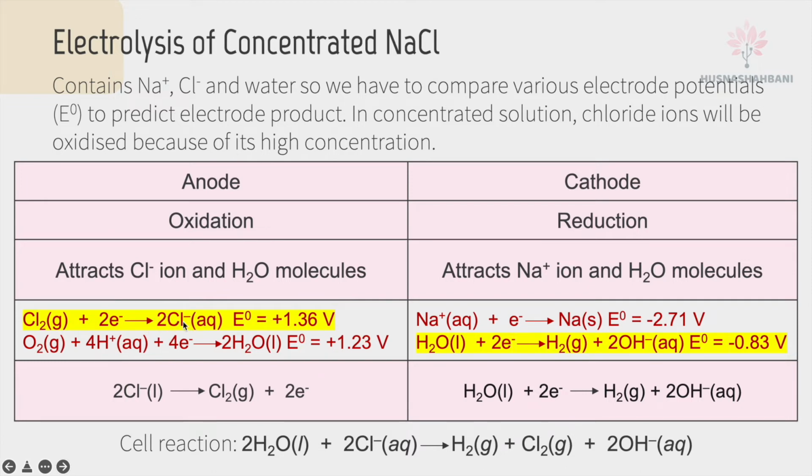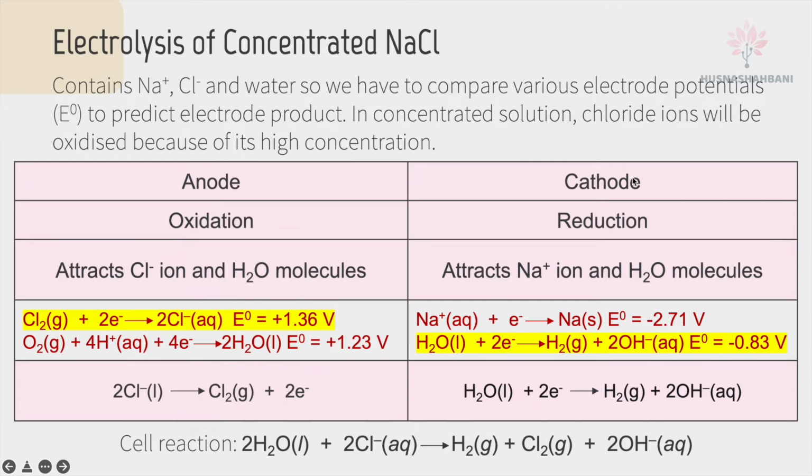So Cl minus will be attracted to the anode compared to water. Water will not be attracted to the anode. Cl minus will undergo oxidation at the anode to produce Cl2 plus 2 electron.